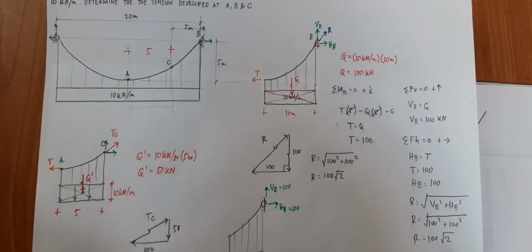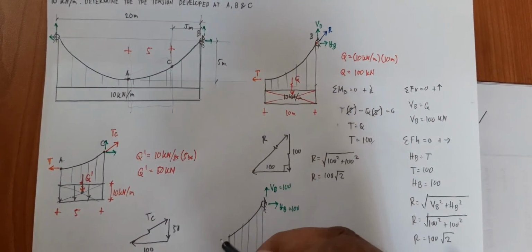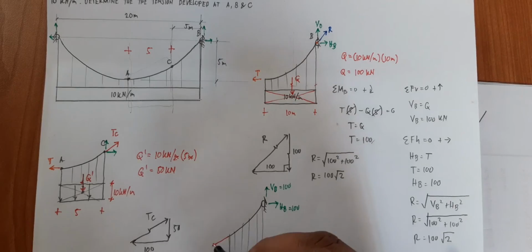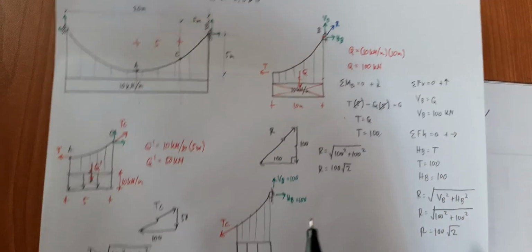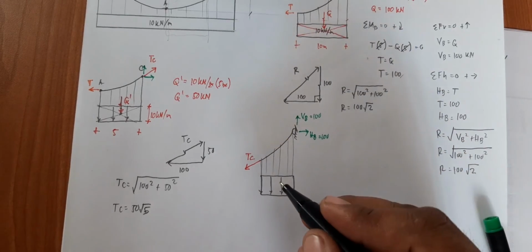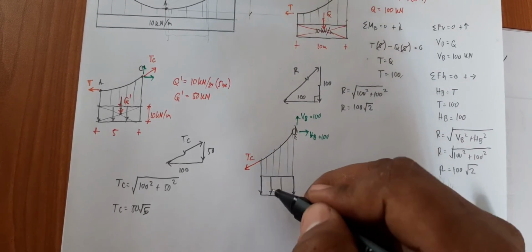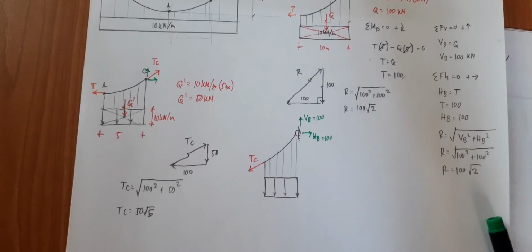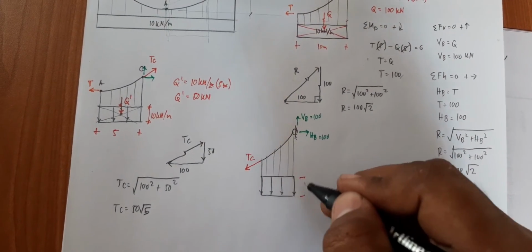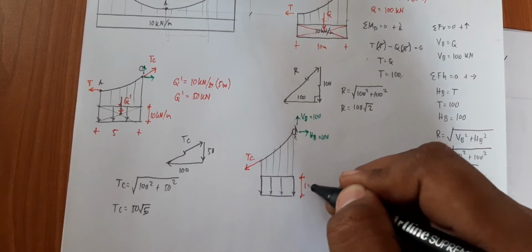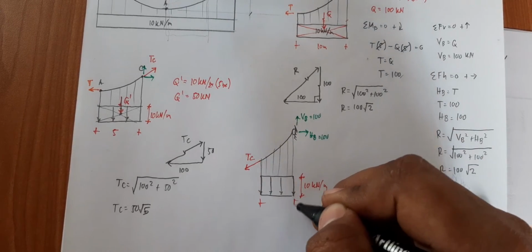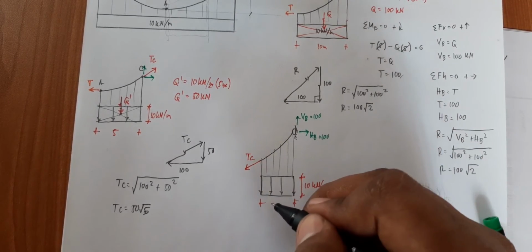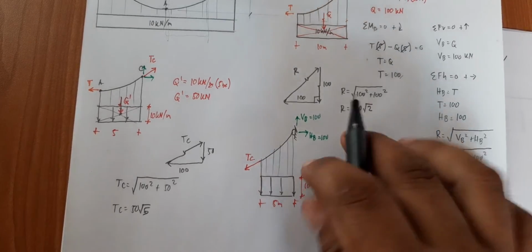Now we are calculating for TC. Again, TC is tangent to that particular point. Let's note that one as TC. Then you have your uniform load, which is 10 kilonewtons per meter, and your segment has a span of 5 meters, based on the figure.